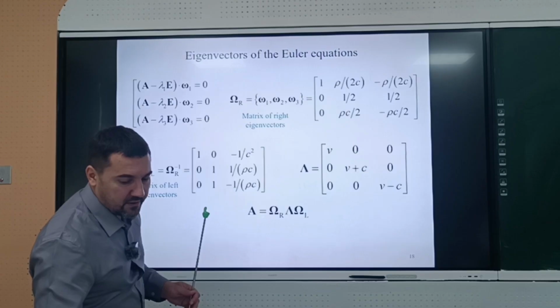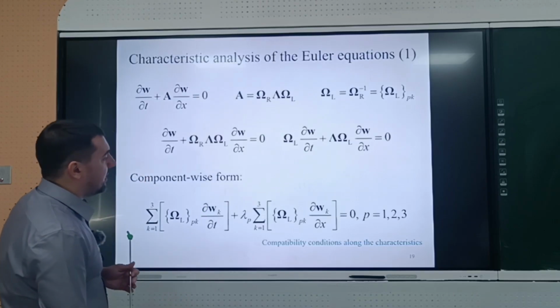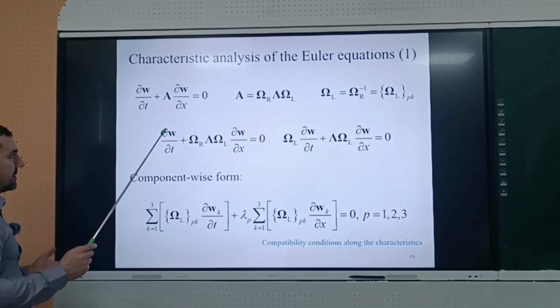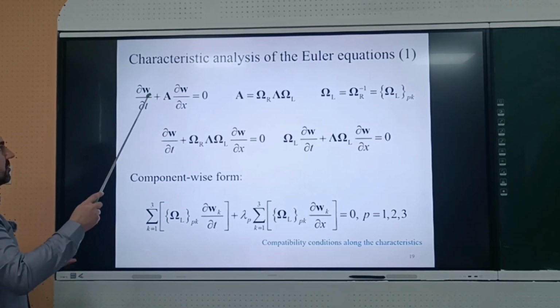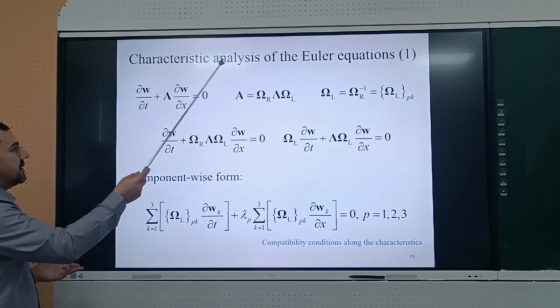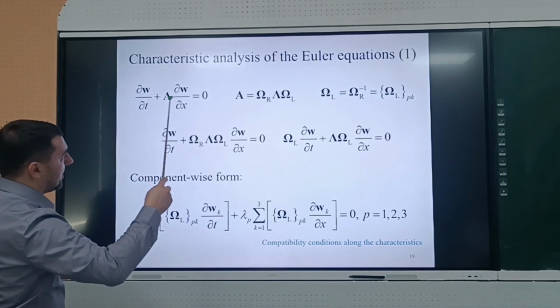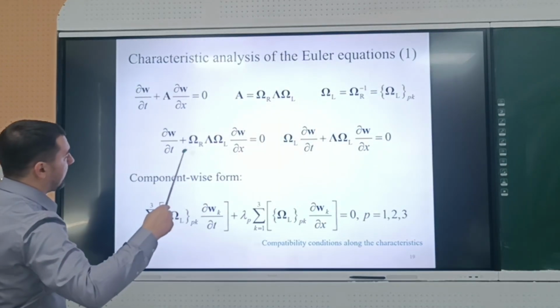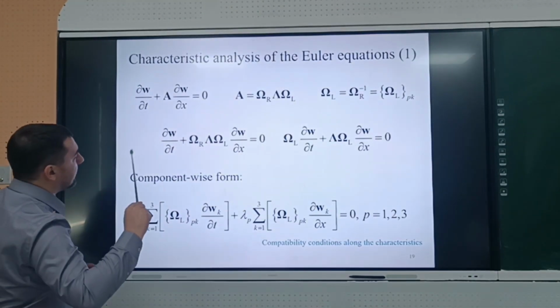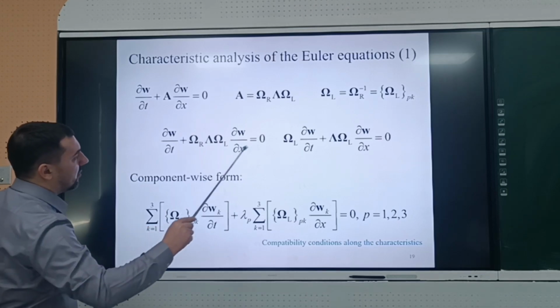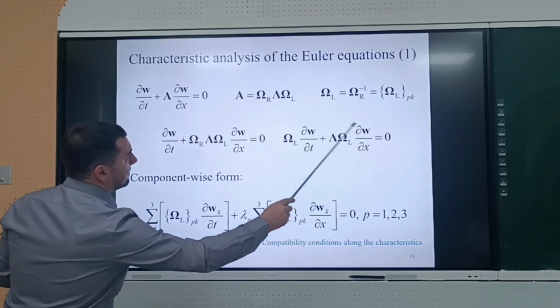But the problem here, again, is that the system is nonlinear. So we consider our Euler equations in primitive variables. We computed this matrix. We know this representation. We know all these matrices. We put it here and multiply both sides by omega r to minus 1 or omega l. And we will get this form.